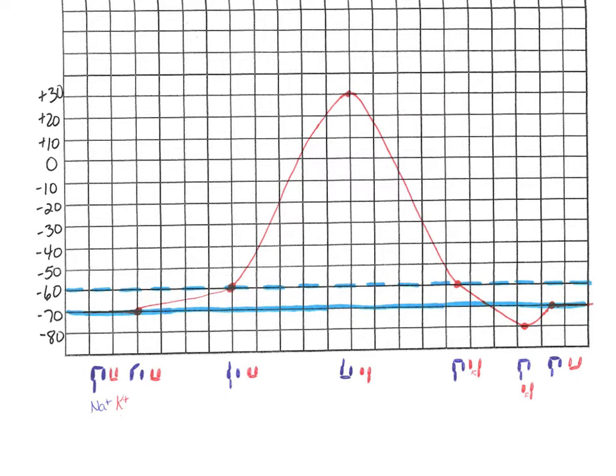So this is when the cell here at negative 70 is sitting at a resting membrane potential. Leak channels are always open, sodium's always moving in, potassium's always moving out, the sodium-potassium exchange pump is going, and it's keeping that cell at negative 70 millivolts. Then we hit this point right there, and we get a stimulus.